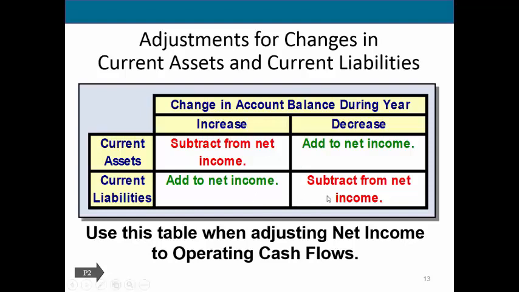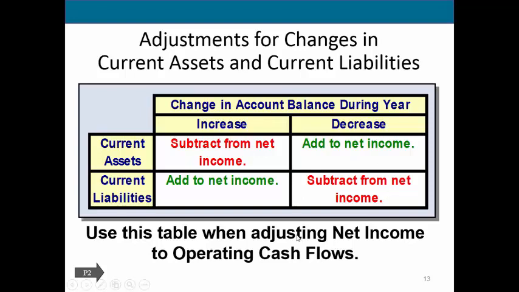And then if we have a decrease in a current liability, we'll subtract that from net income. An example would be accounts payable. If we see a decrease in accounts payable, that means we paid cash for some type of expense that we had incurred in the past. So even though that past expense is not in our current income number, it is going to be a decrease in cash. So that's why we subtract that from net income.